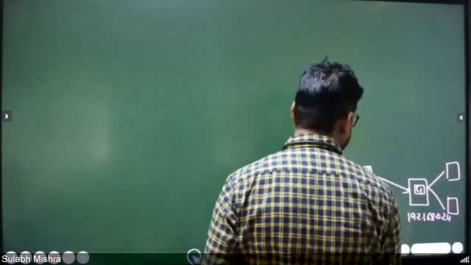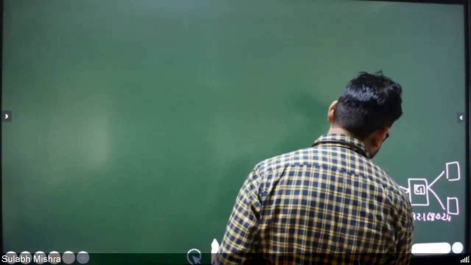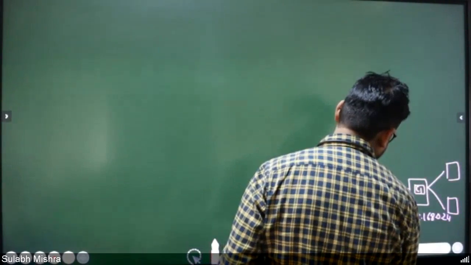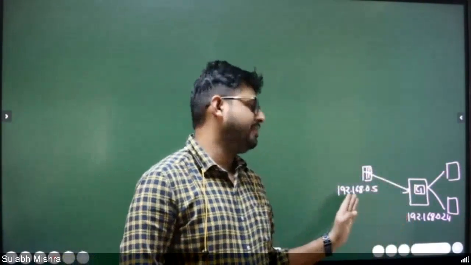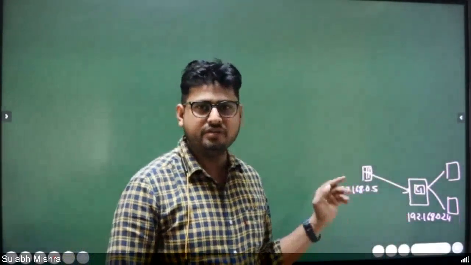Let's say the connector server IP is 192.168.0.24, and this particular system's IP is 192.168.0.5.